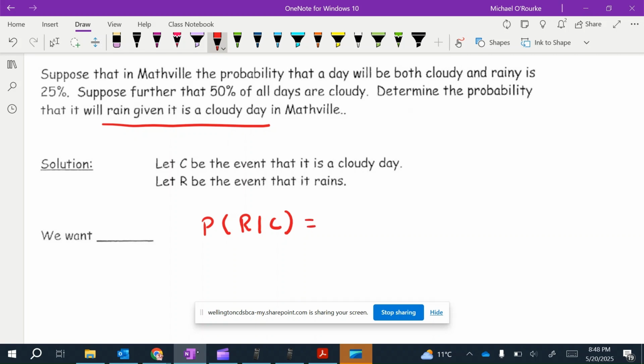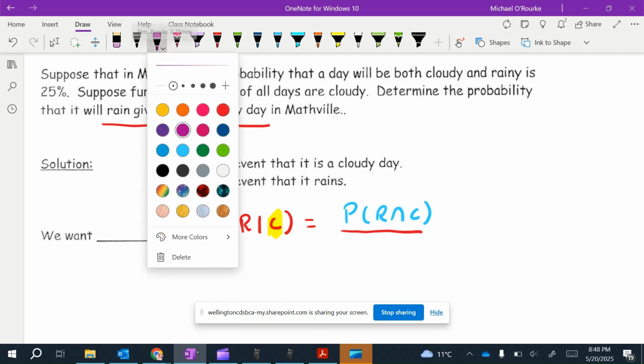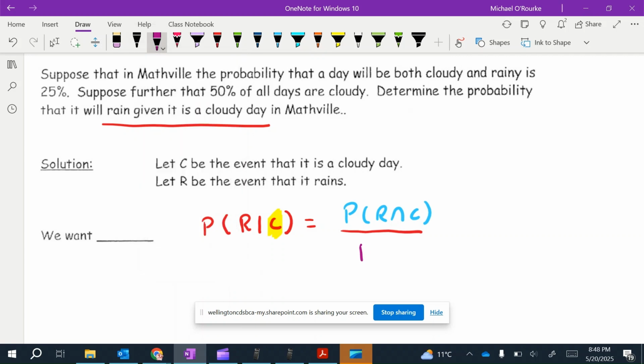That's going to equal the probability that it's rainy and cloudy divided by the first thing that happens, the probability it is cloudy.